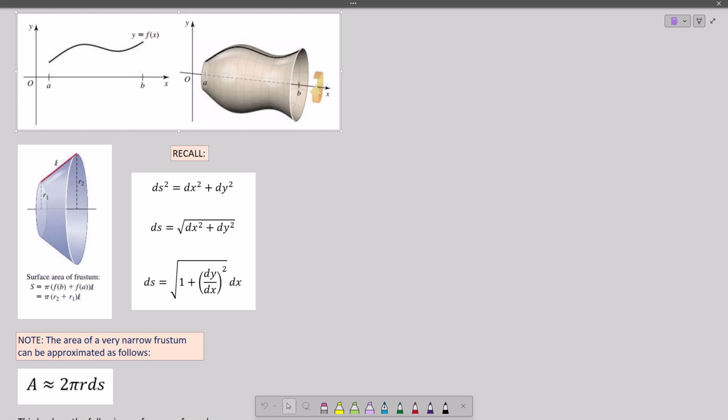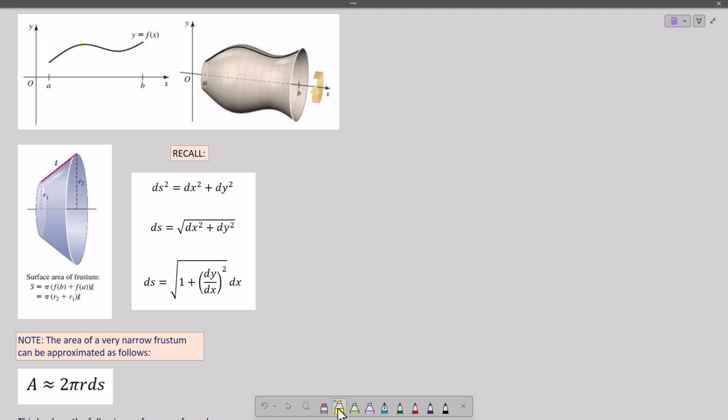And here is the idea. If you take a tiny little piece of this curve and you rotate it around, you get something that can be approximated by the frustum of a cone. If you take a single point, you get a circle. But if you take a tiny piece of arc and rotate it around, it's going to be like a ring.